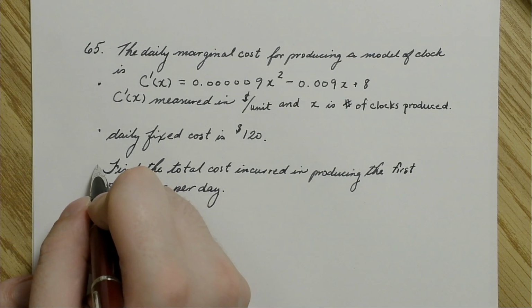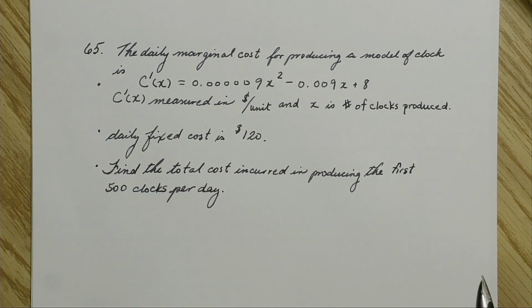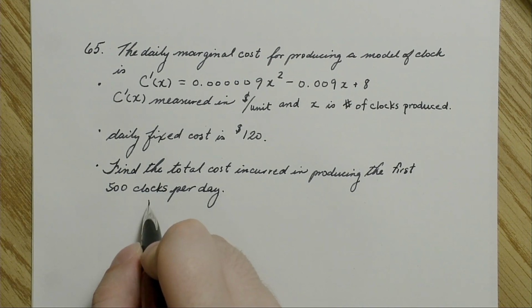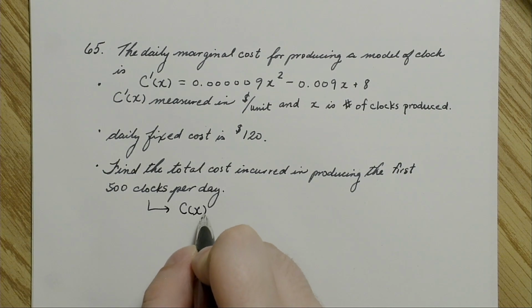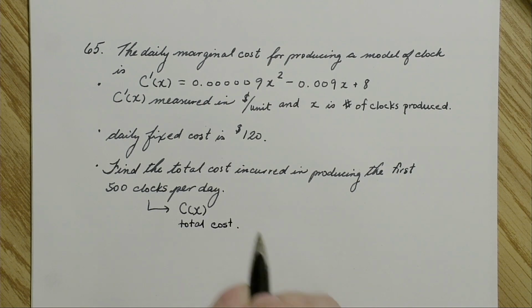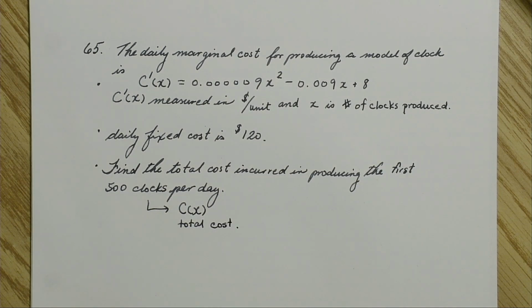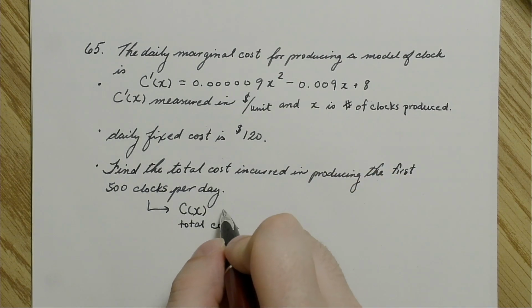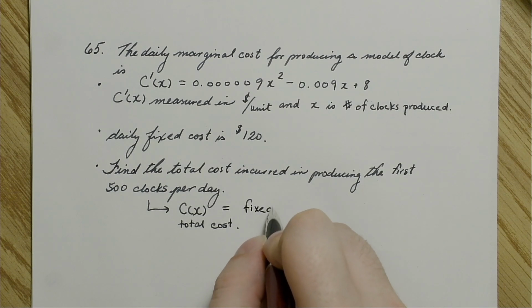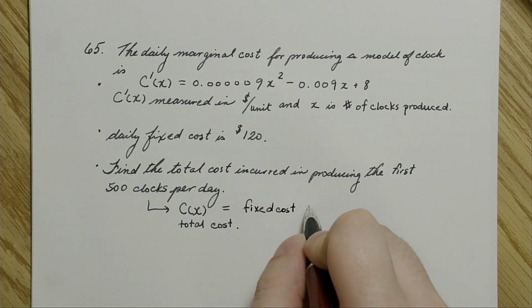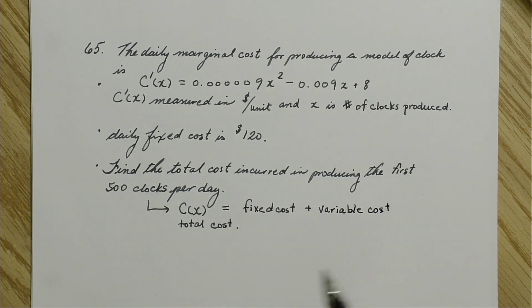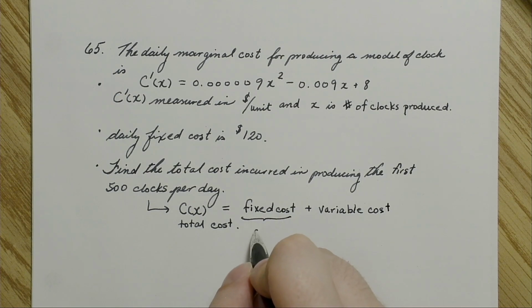Okay, so there's kind of our 3 points, which means that what are they asking for? They want us to find c of x, and that's the total cost. Now, we talked about cost functions before. Usually we have some fixed cost plus the variable cost, and usually that is a constant.